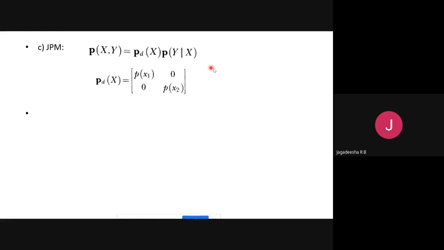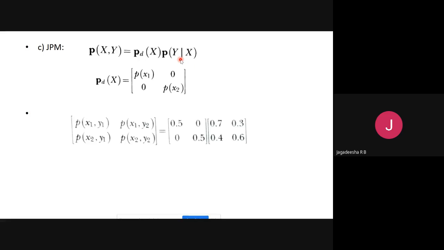We already have the data to do these substitutions in this equation. So we will just move ahead and do that. So here, the joint probability between x and y is: probability of x1, y1, probability of x1, y2, and here, probability of x2, y1 and probability of x2, y2. That is nothing but this whole matrix that comes from here.